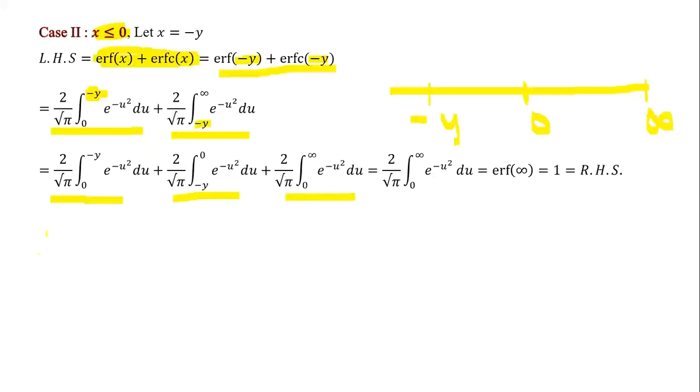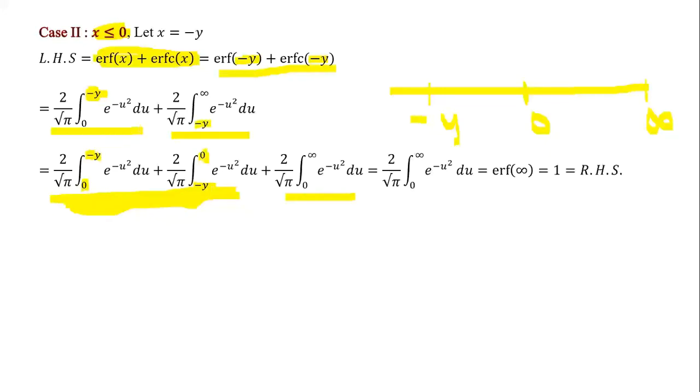And now if you see this first and second integral, the only difference is in limits, where the limits of the first integral are from 0 to minus y, and the limits of the second integral are from minus y to 0. So you can see these limits are exactly in reverse.